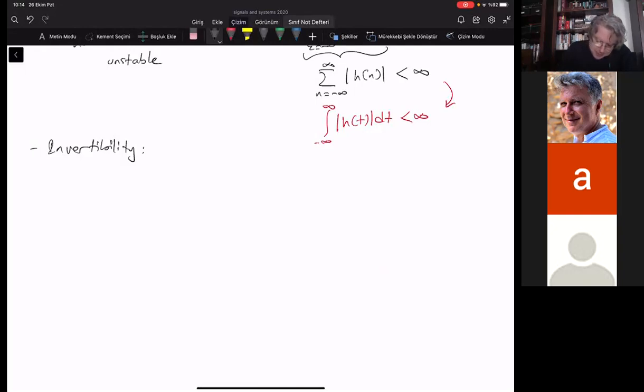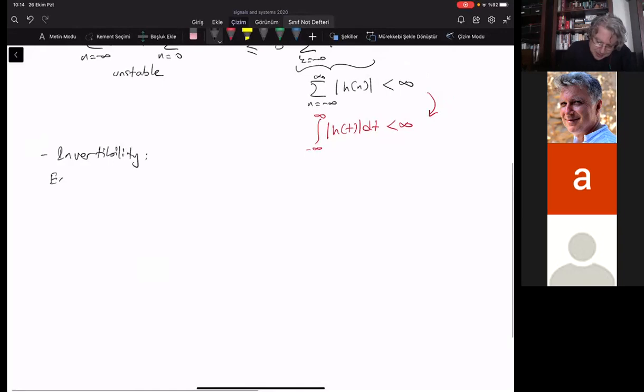For example, if h of t is equal to delta of t minus t1, it applies a shift in time, which means a delay system. For this delay system, what is the inverse system?